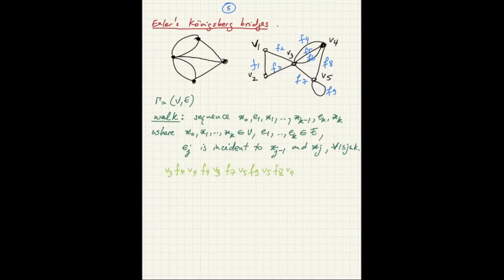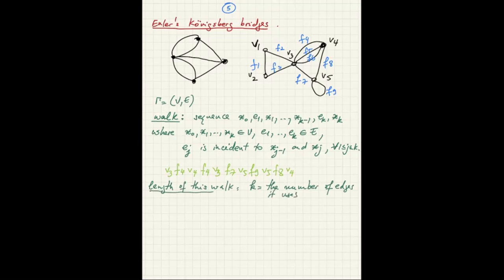So this is a walk that goes from V3 to V4. I'm walking on edges. And in this situation, the length of the walk is k. So the length of this walk is the number of edges. K is the number of edges it uses.